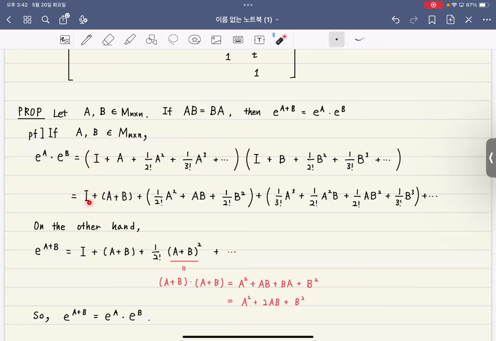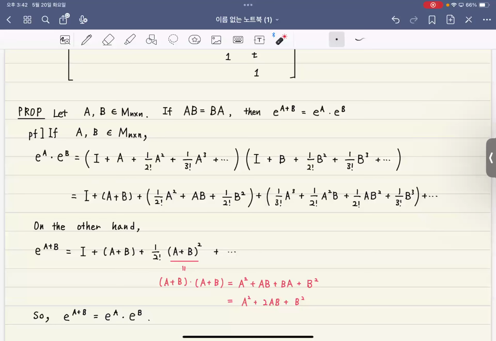For the linear terms, A times I and I times B appear over here. For the quadratic terms, 1/2 times A squared times I, A times B, and I times 1/2 times B squared. And the cubic terms come next, and it goes on forever.